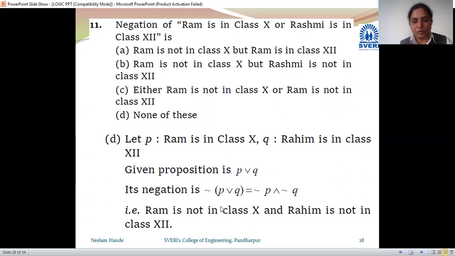We know the negation of P or Q is negation P and negation Q. Write the negation of P: Ram is not in class 10. In between, and, and Rahim is negation Q, so Rahim is not in class 12. This will be your answer. If you check, there is no such statement in your options, so your correct option is none of these.